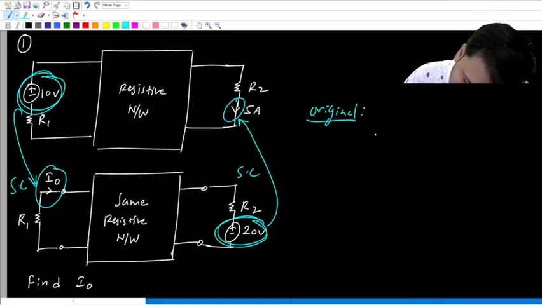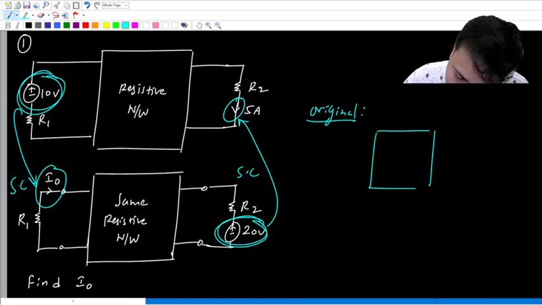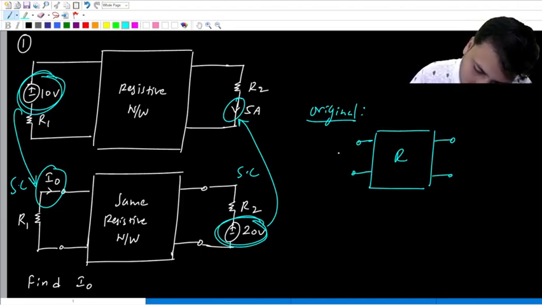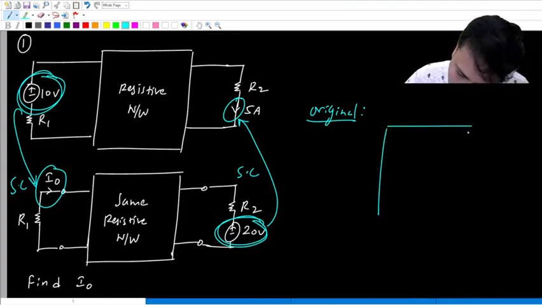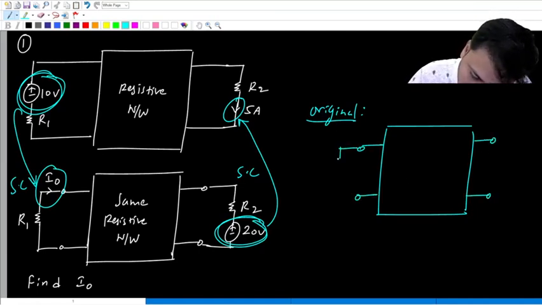So with this understanding, I'll just draw the complete original circuit. So left hand side we have what? A voltage source.